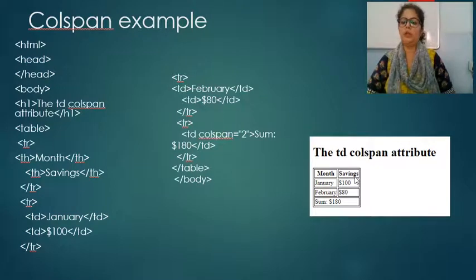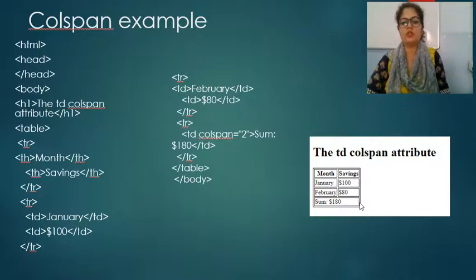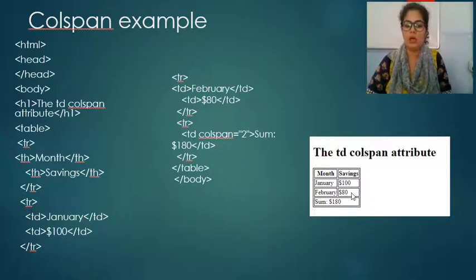In the first row there are 2 columns, in the second row there are 2 columns, in the third row there are 2 columns, and in the fourth row we want only 1 column. We want only 1 cell. So if we want only 1 cell, what we have to do is combine or merge these 2 columns. When we have to merge or combine columns, we have to use colspan.